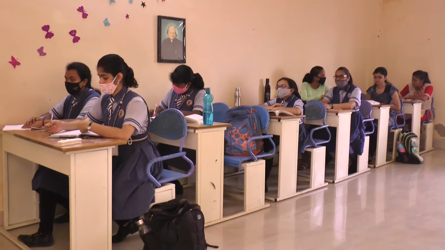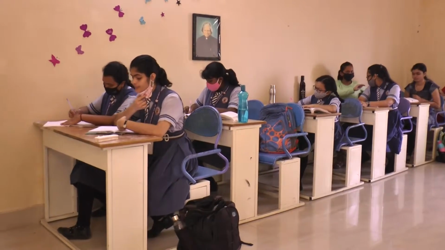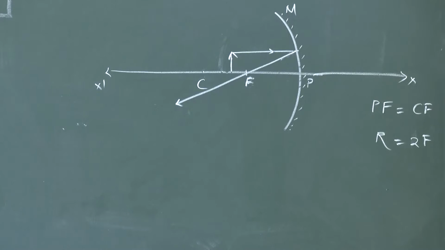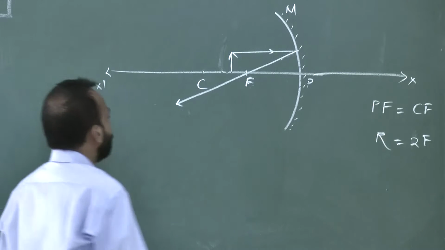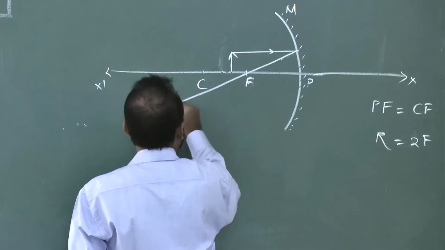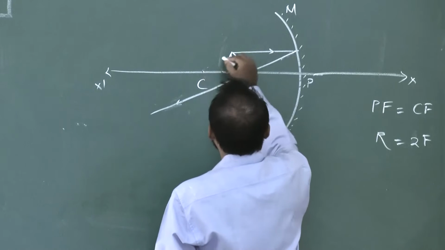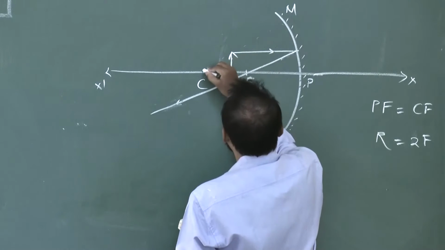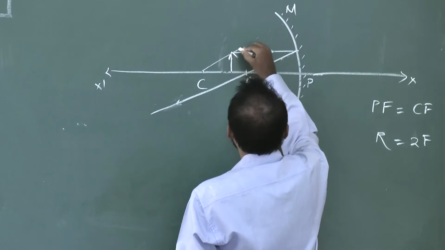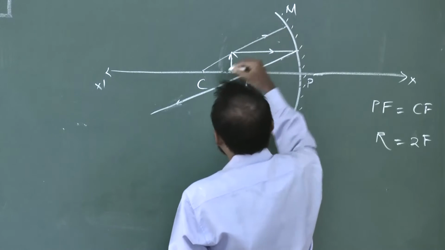One more ray. Construct the diagram quickly. I will check the copy, okay. You should draw the diagram. Like this.